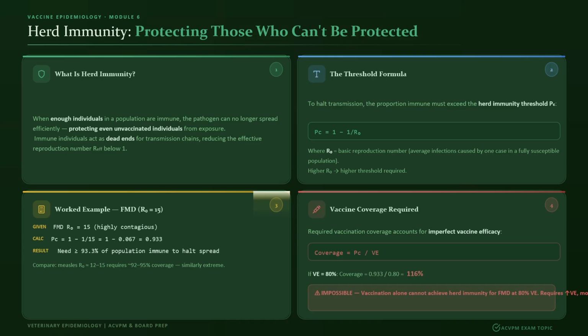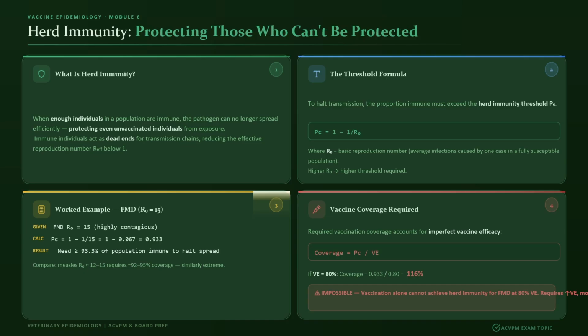The formula is elegant and simple. HC equals 1 minus 1 divided by R naught, where R naught is the basic reproduction number, which is the average number of new infections generated by a single infectious individual in a fully susceptible population.